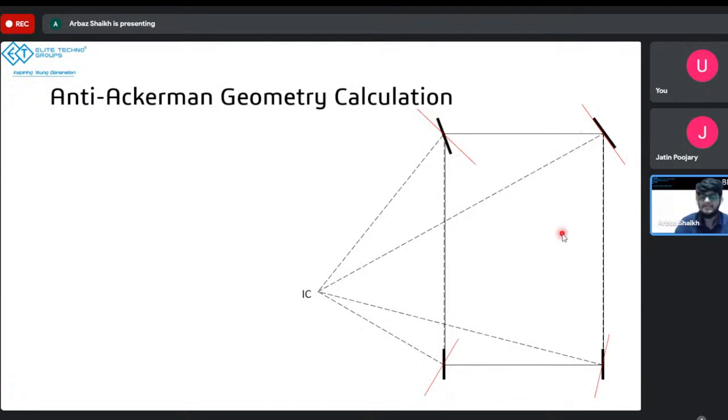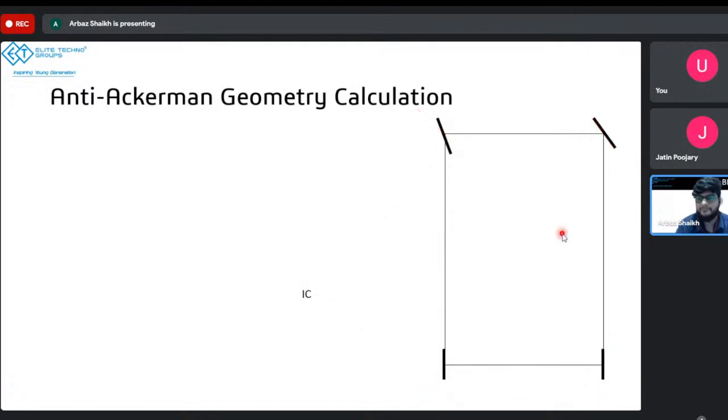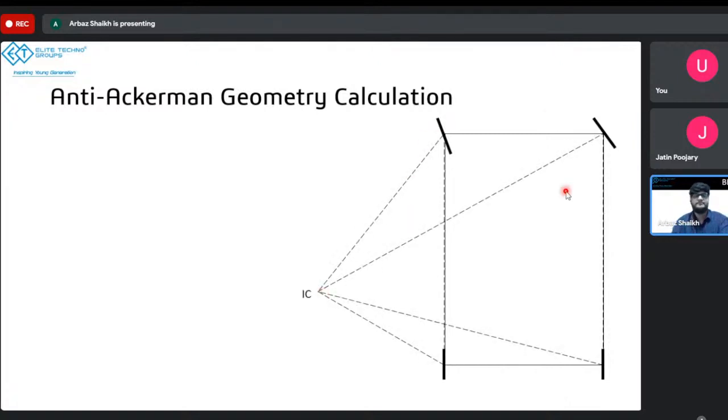Okay, so now once again, how do we incorporate slip in here? We have the anti-Ackerman geometry. We have outer wheel turning angle more than the inner wheel turning angle, right? And the IC will never lie on the rear axle. It will be somewhere around here. If I draw straight lines to all four wheels starting from the IC point, I'll get these lines. And if I draw a perpendicular line to this line at the point of the wheel center, I will get these red lines.